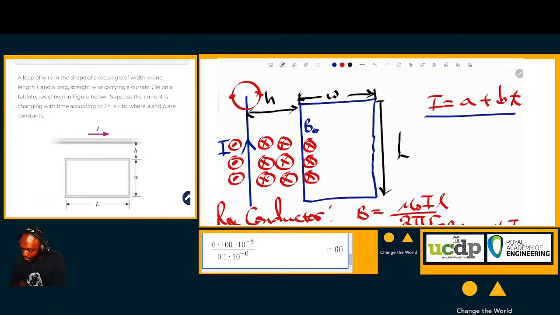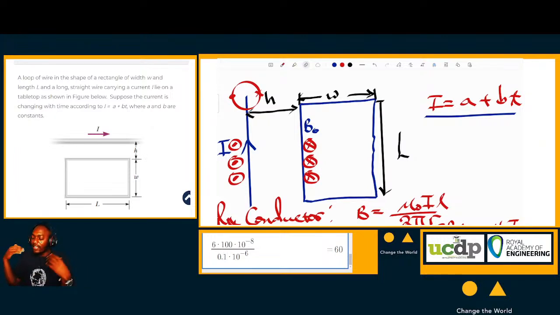Yes. So that's why I erased here, because we have to focus on the magnetic field which is inside the rectangular coil, not outside. In simple terms, the magnetic field inside the coil is the one responsible for the induced magnetic field in the rectangular coil.